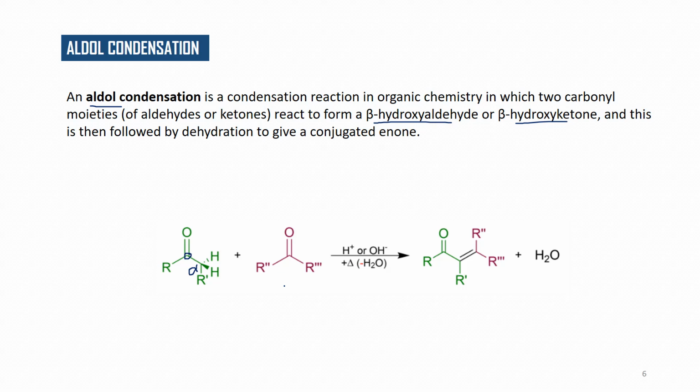It will react with another carbonyl moiety, an aldehyde or ketone, and first it will form an alpha hydroxy, sorry, beta hydroxy ketone, because this is the alpha position, so that will be the beta position.